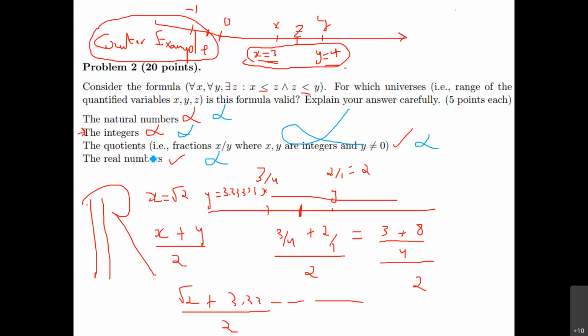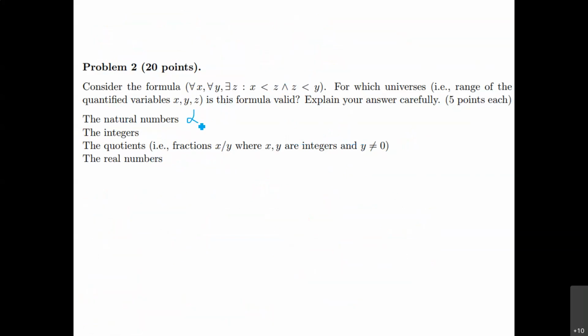Let me clear this first. What we concluded was that it doesn't work for this, it doesn't work for this, but it works for this and it works for this. I'm actually telling you it doesn't work for any of them. None of these ranges will make this formula valid.